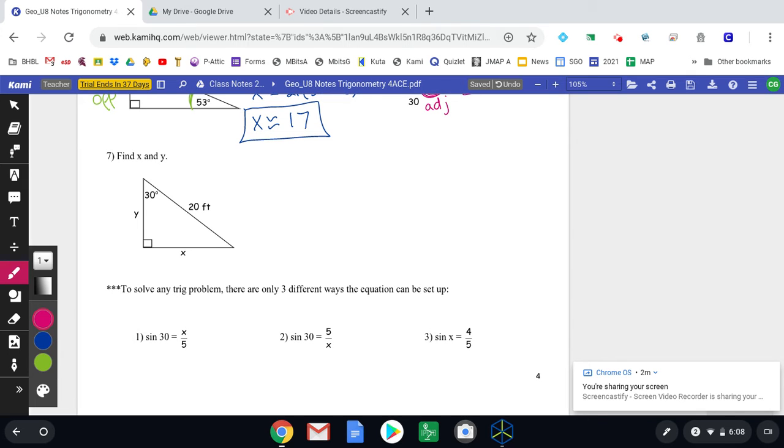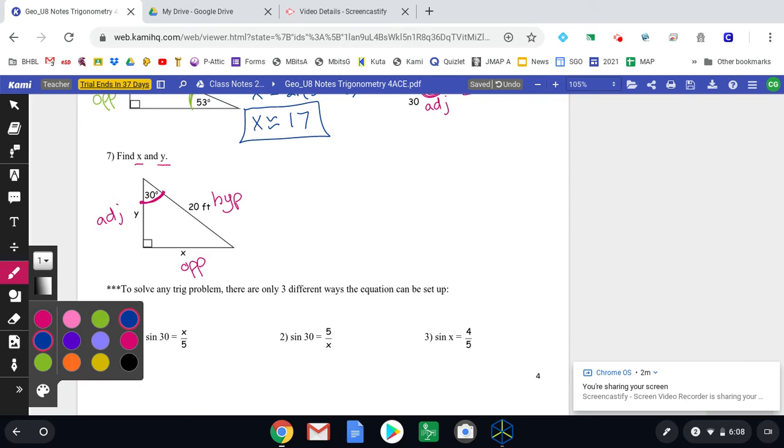All right, number 7, find x and y. All right, so we have some choices. So again, 30 is our angle. We have a hypotenuse. We have an adjacent side for y, opposite side for x. So we can really do a number of different things with this problem. If we want to do something easy, we want to start with sine.